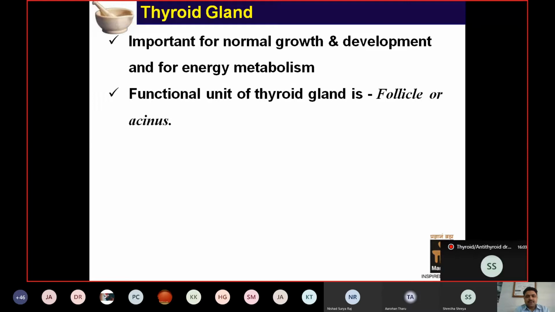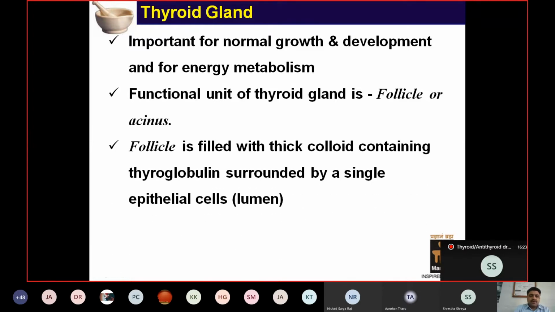When we talk about the thyroid gland, its functional unit is the follicle. Like when we say kidney, the functional unit is the nephron, isn't it? Similarly, in the thyroid gland, the basic functional unit is the follicle or acinus. What is this follicle?